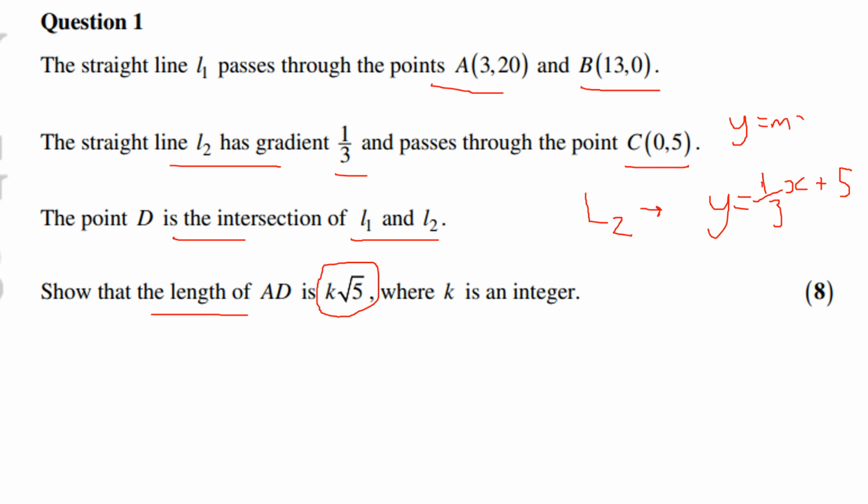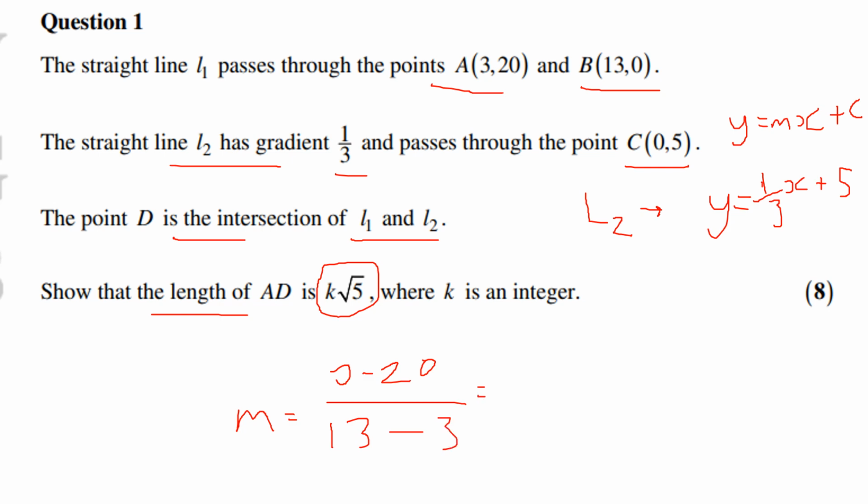Now for L1, it's slightly trickier. We're going to work out the gradient first of all. The gradient of L1 is the change in y divided by the change in x. So it's y2 subtract y1, the second y coordinate subtract the first y coordinate, all divided by the second x coordinate subtract the first x coordinate.